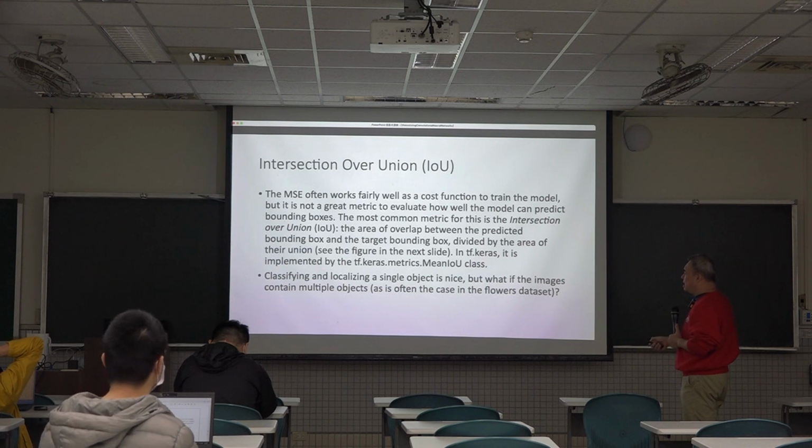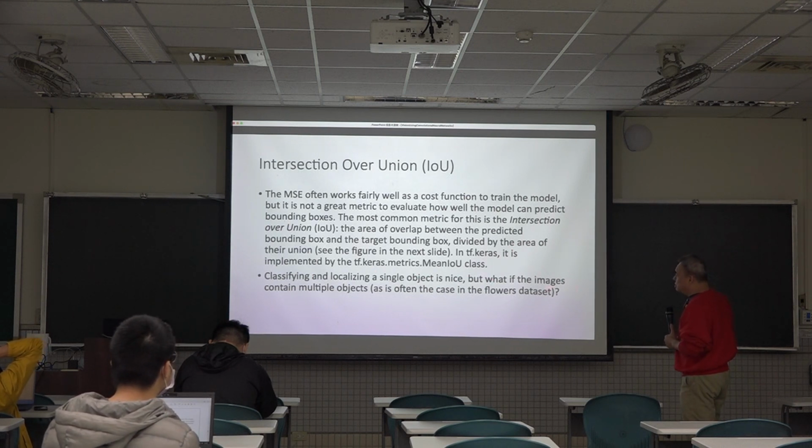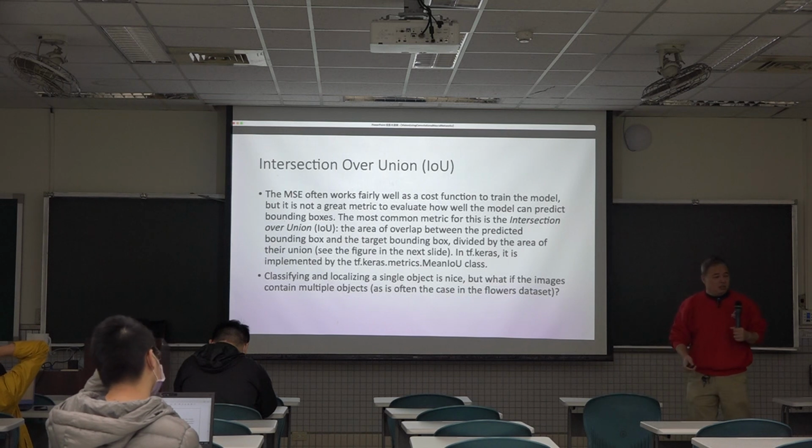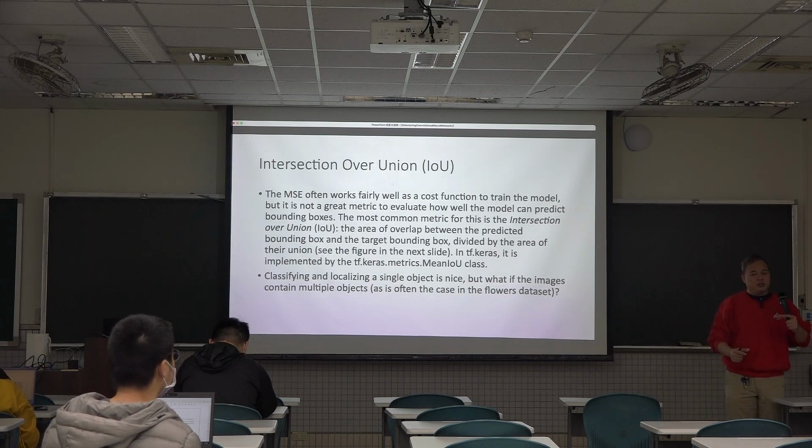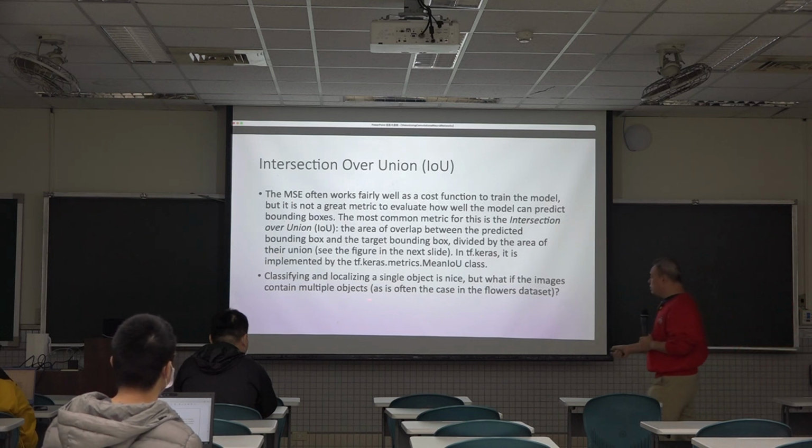Classifying and localizing a single object is nice, but what if the image contains multiple objects? This is the issue that I was talking about, because for flowers, when you take a photo, normally the photo contains many flowers. And not to mention flowers, a lot of times when you take a photo, it contains many different objects. So what do we do?